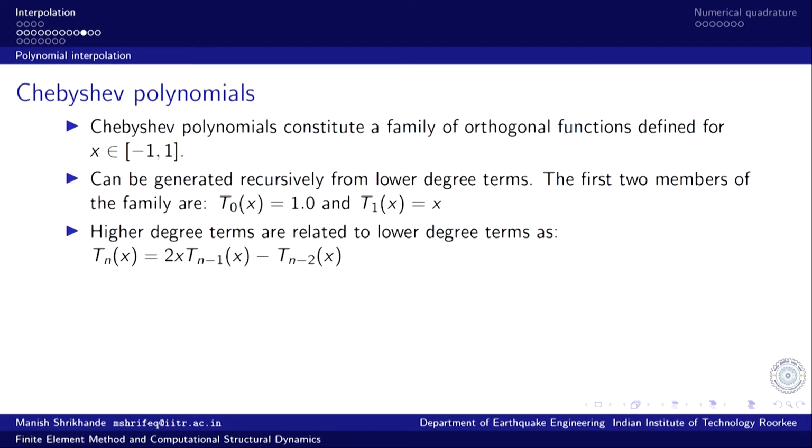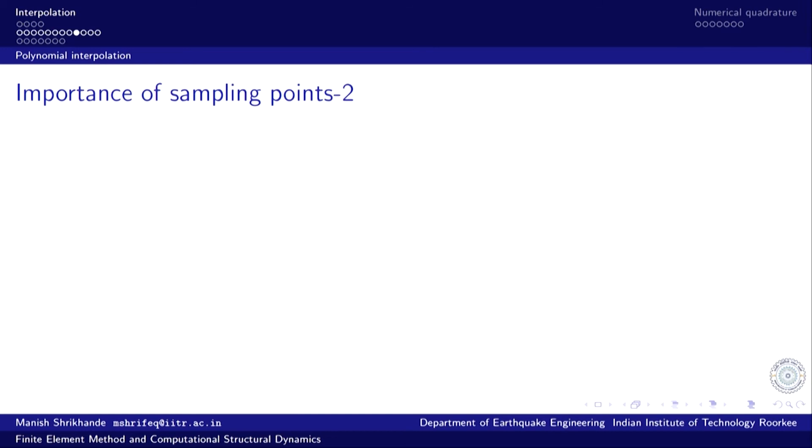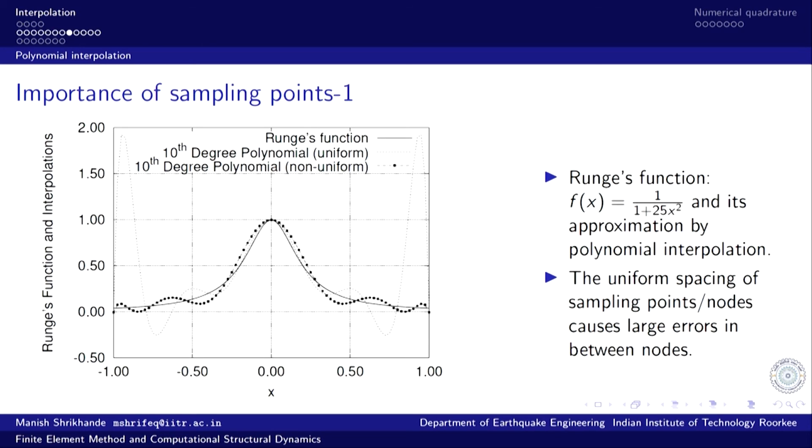Coming back to the Runge function and the approximation that you see here, the other function, the non-uniform 10th degree polynomial approximation, uses non-uniform sampling points that correspond to the location of roots of Chebyshev polynomial.